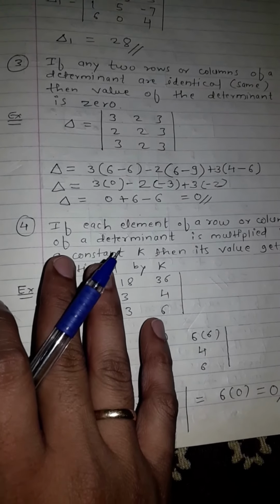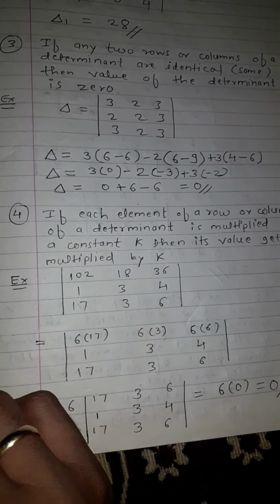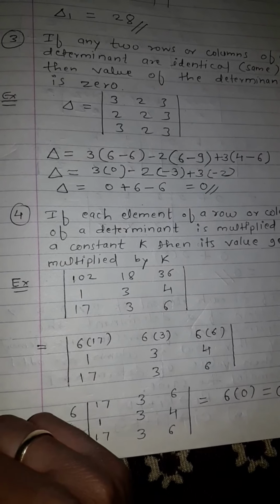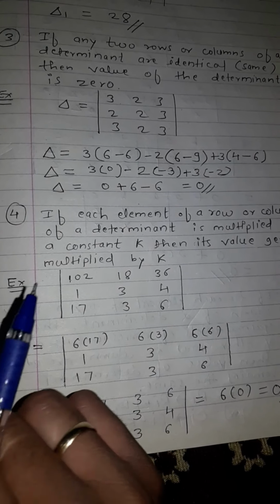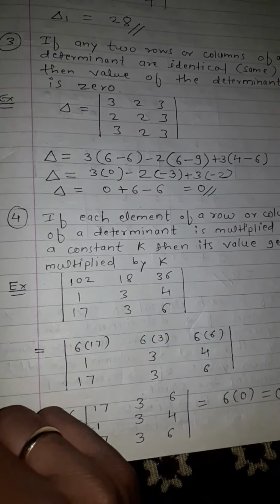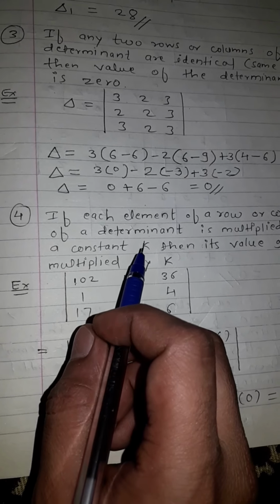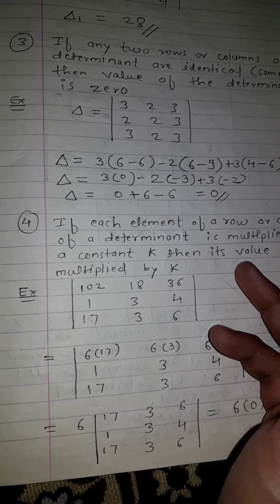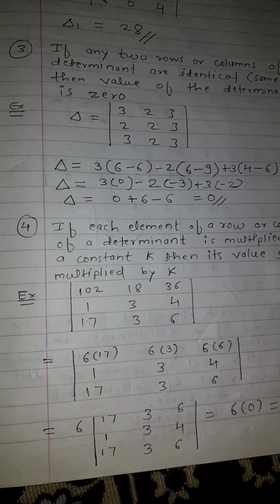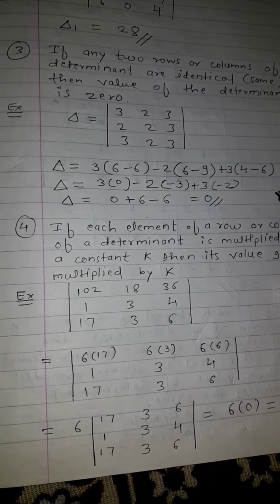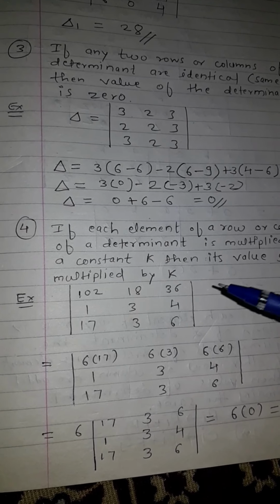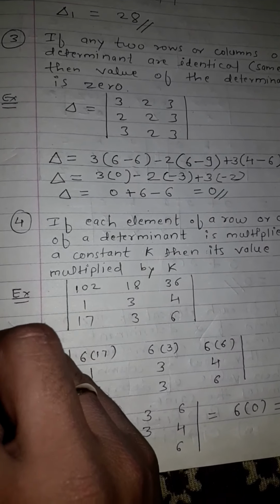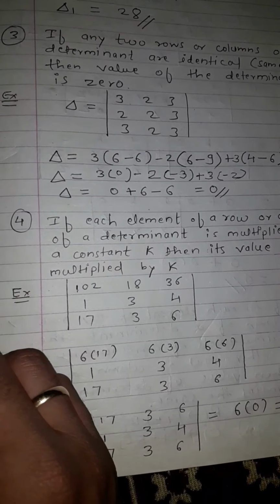Suppose you have a determinant delta whose answer is, say, 4. If you multiply one of the rows of the determinant by the constant k, then the value also gets multiplied by k, which means the value becomes 4k.